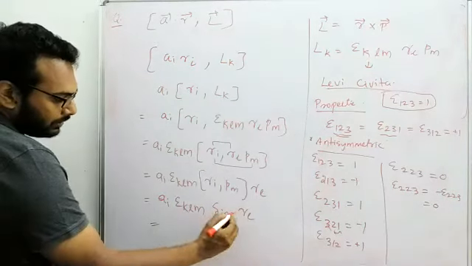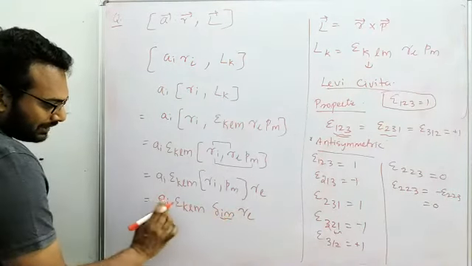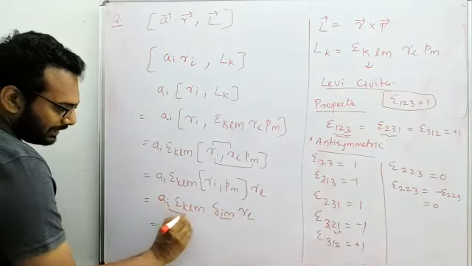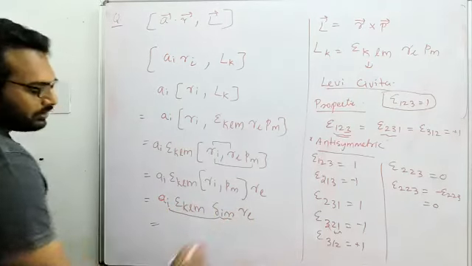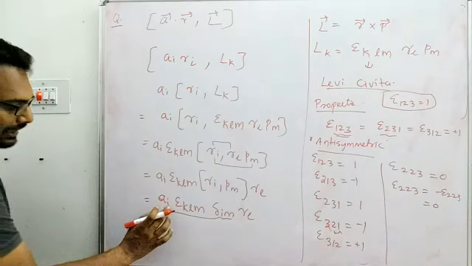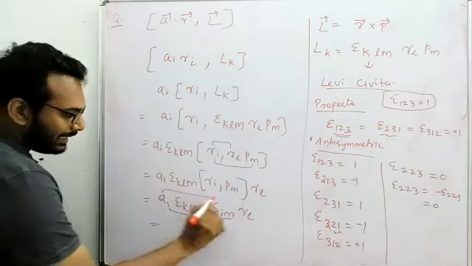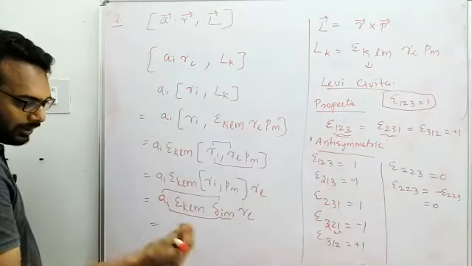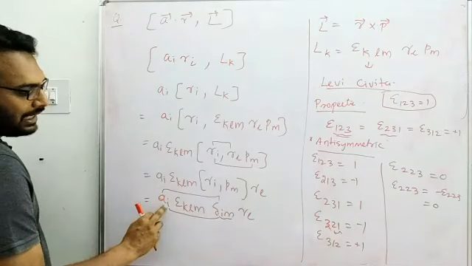This means there's a summation over i because i is repeated here, or we can consider it a summation over m. It doesn't matter. Let me combine these terms: A_i delta_{im}. In this summation only one term survives, the one for which i equals m.